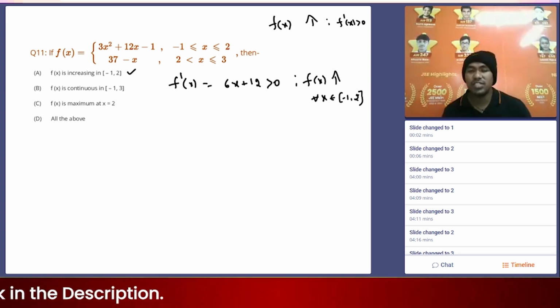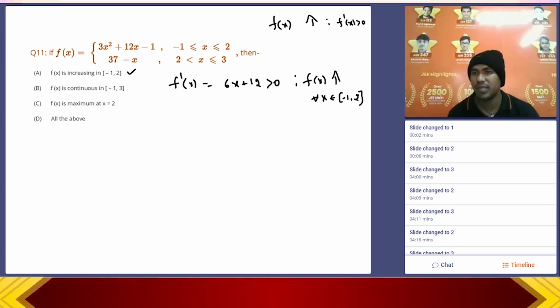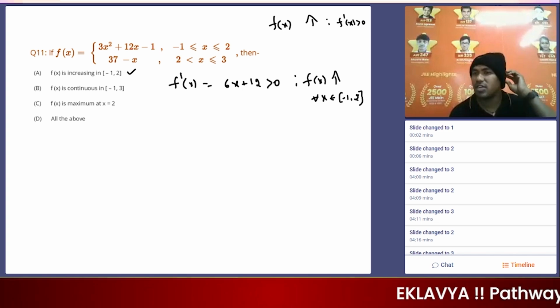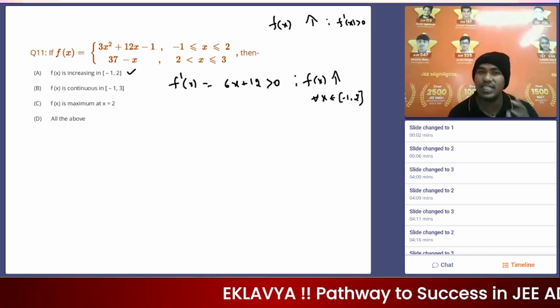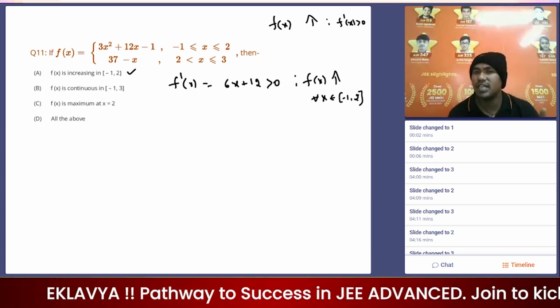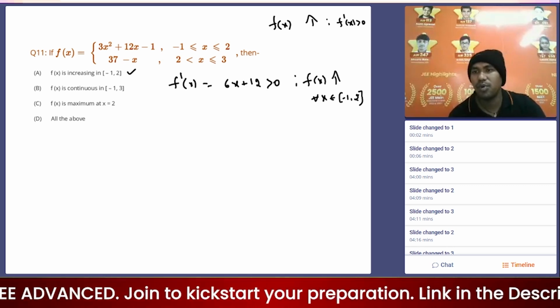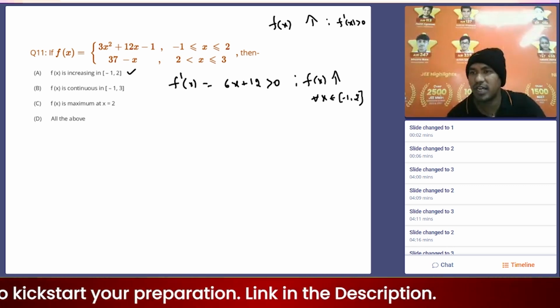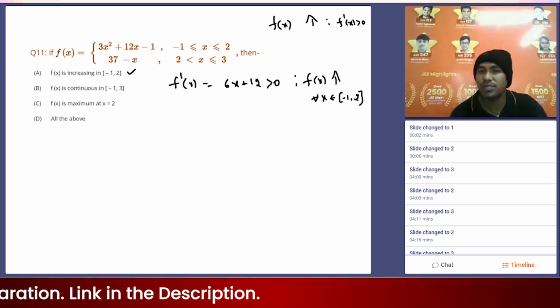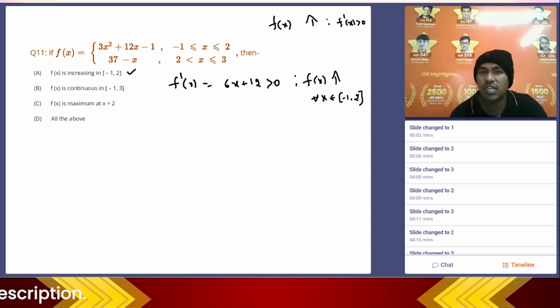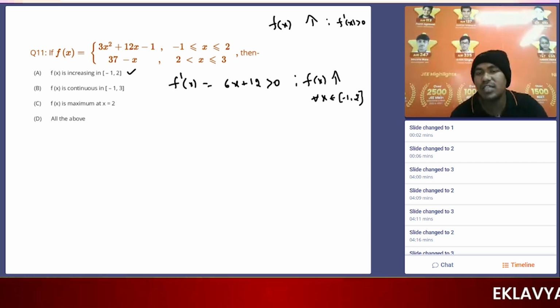And here they mentioned that f of x is continuous in minus 1 comma 3, right? Continuous means you can easily identify this answer because it is a quadratic equation, sorry, that means a polynomial function. Polynomial functions are always continuous, but still between minus 1 to 3, the curve is changing its behavior at x equal to 2.